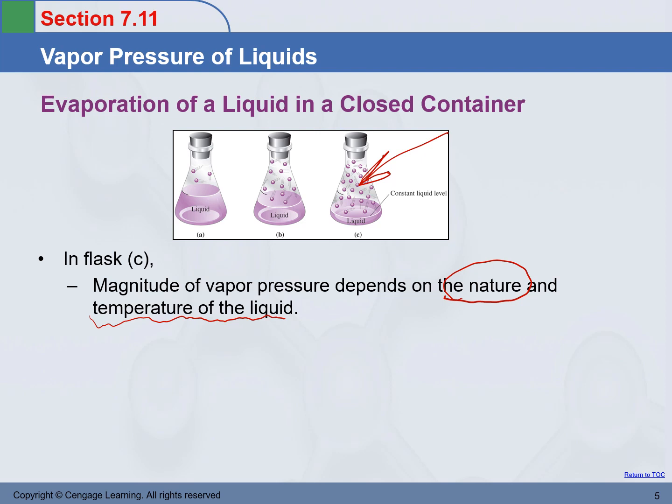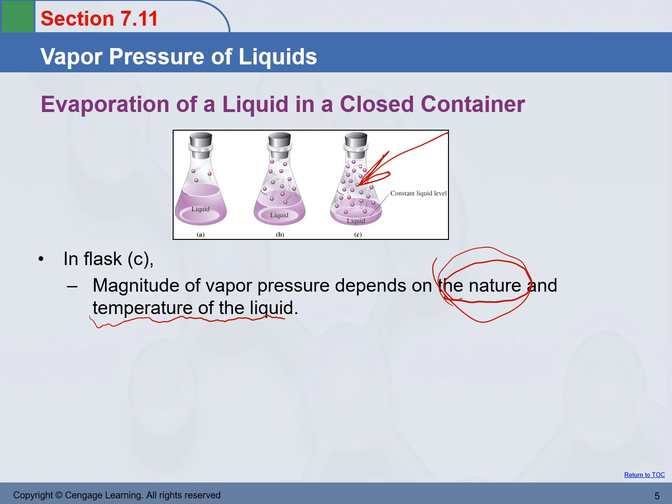You need lots of molecules to condense to equilibrate with the evaporation. So for the gasoline molecules, in that experiment, the vapor pressure is higher. Now we see different liquids will have different vapor pressure.